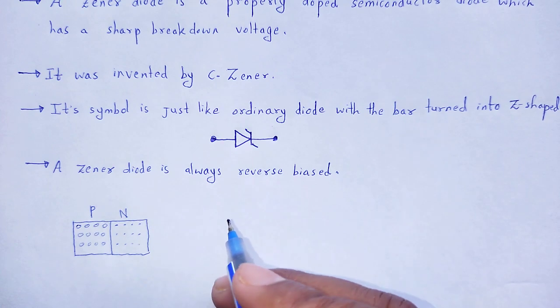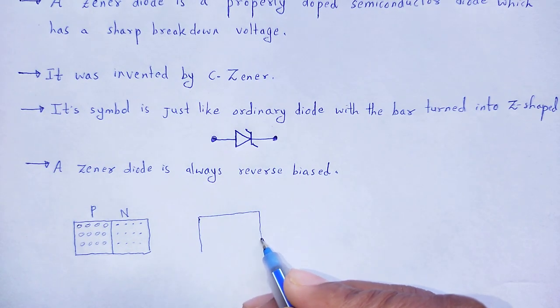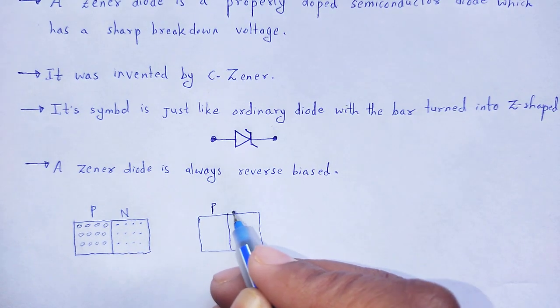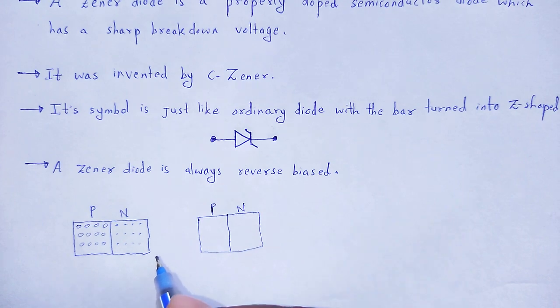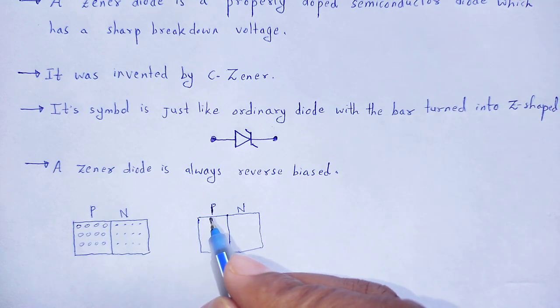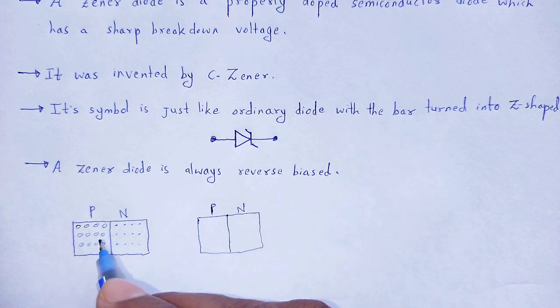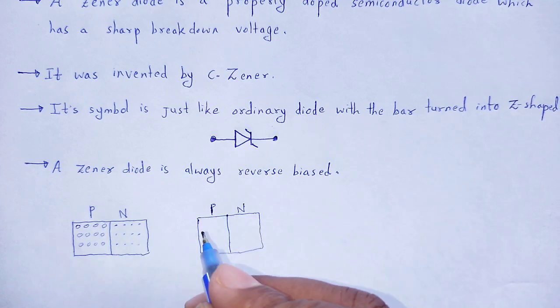But in case of Zener diode, both sides are heavily doped. Heavily doped in the sense the doping concentration is too high as compared to that of normal doping in case of diodes.